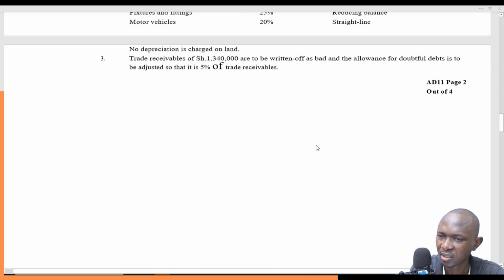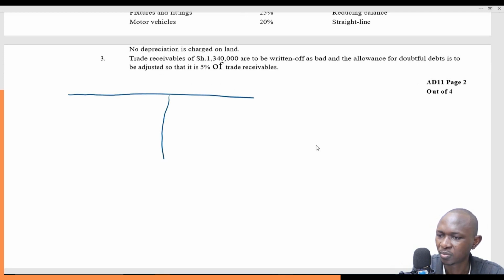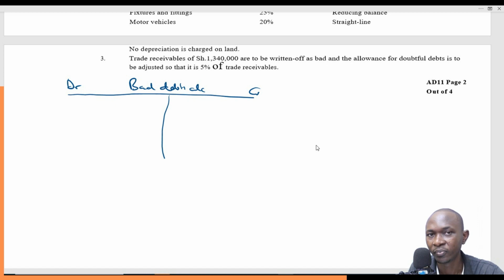So bad debts. Just open an account. It's a simple account like that. And call it bad debts account. This is the credit side. This is the debit side. So bad debt is a loss to the business, and losses are on the debit side. Losses are debit entries.